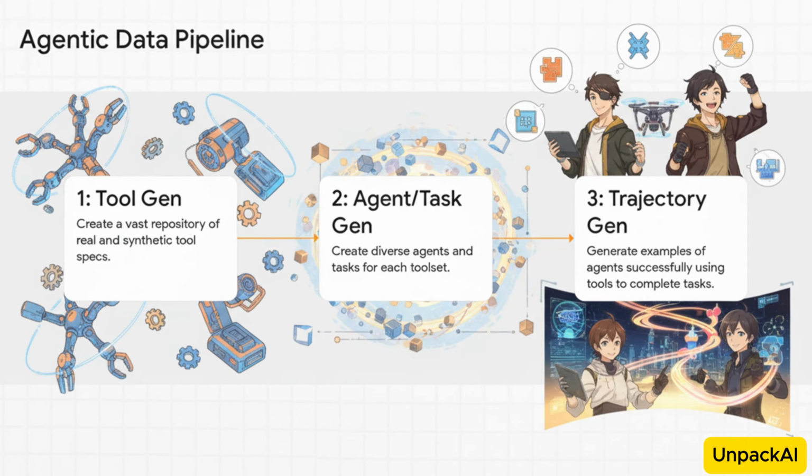It's a 3-step process. First, they create a gigantic library of tools, both real and synthetic. Then, for those tools, it generates all sorts of hypothetical agents and tasks. And finally, it actually uses other AI models to generate successful examples, they call them trajectories, of these agents solving those tasks. The result is a huge, super high-quality dataset that's purpose-built for teaching the model how to act.